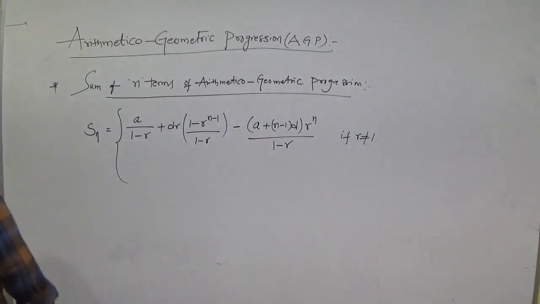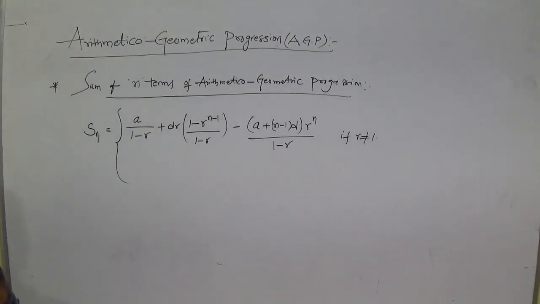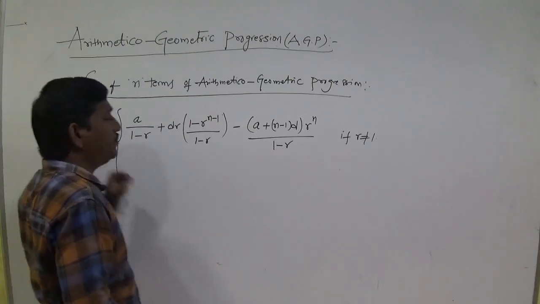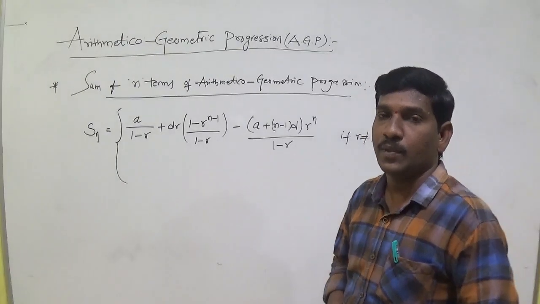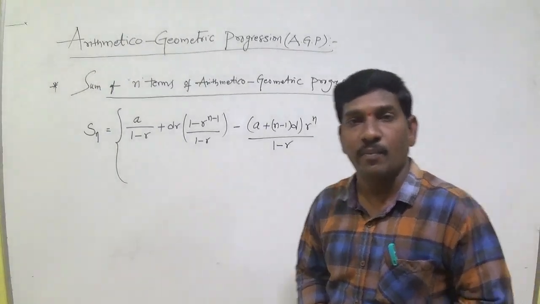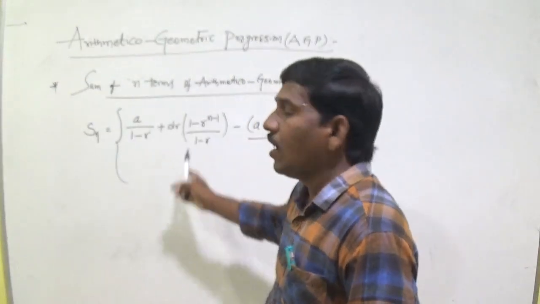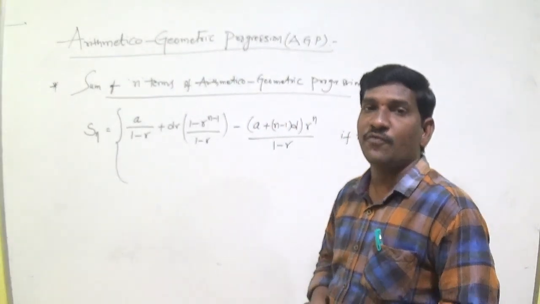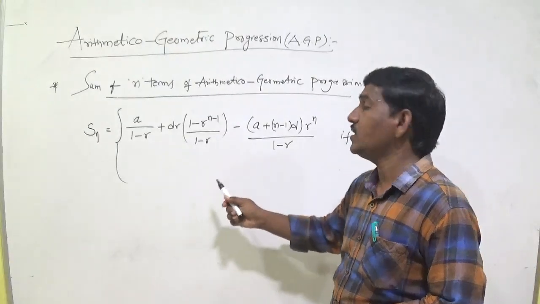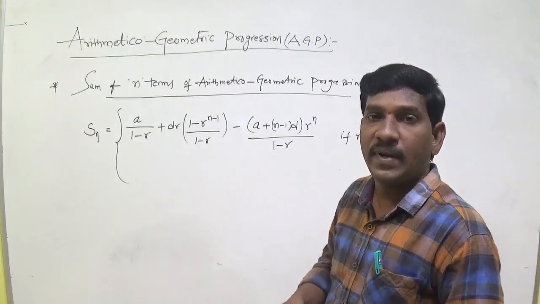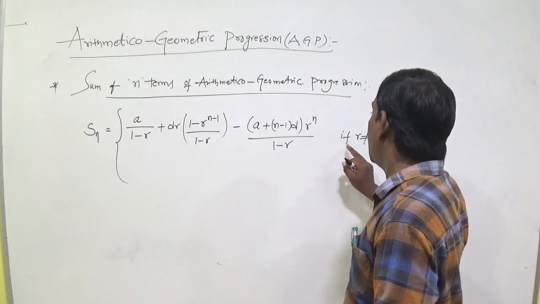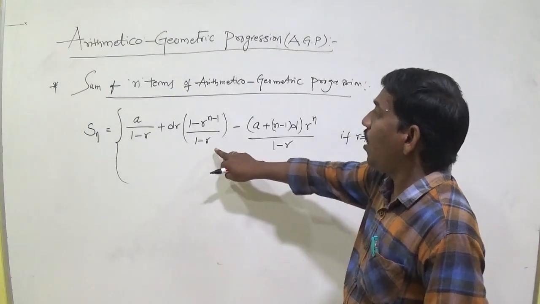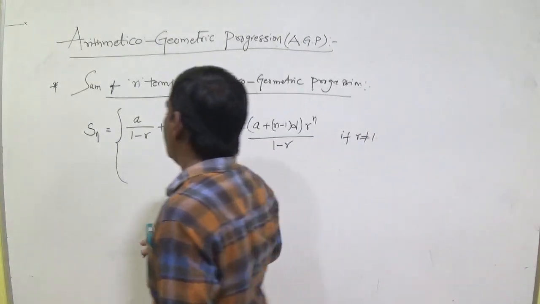So what is the sum of n terms of AGP equal to? Sn equal to a by 1 minus r plus dr into (1 minus r power n minus 1) by 1 minus r minus (a plus (n minus 1) d) into r power n by 1 minus r, if r not equal to 1.